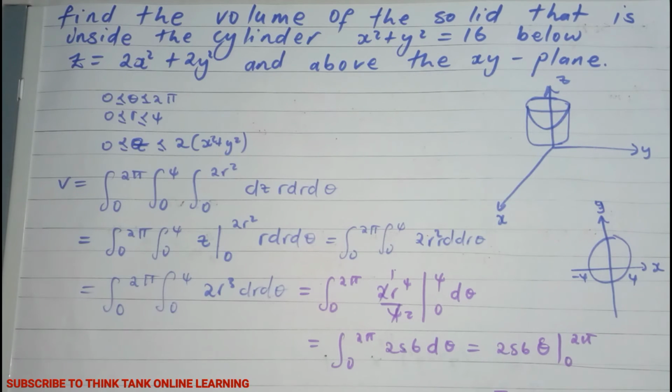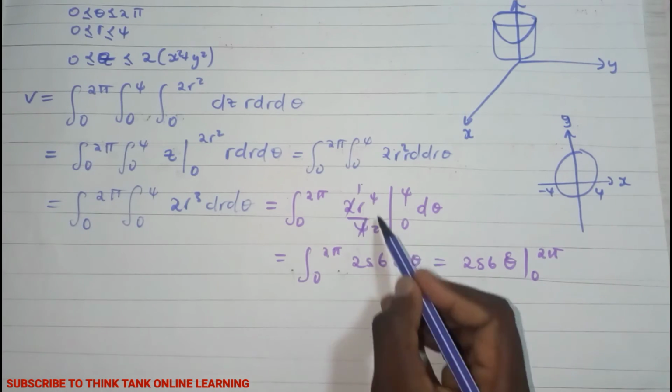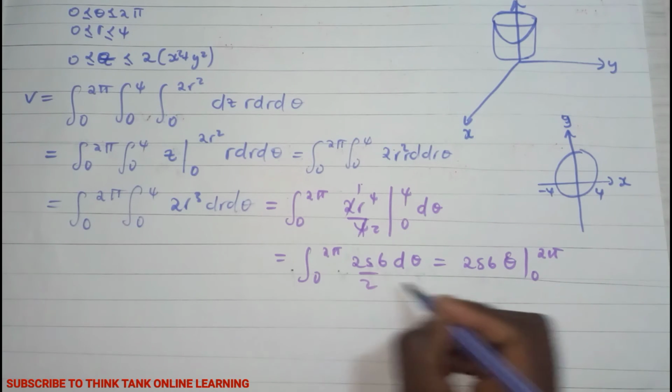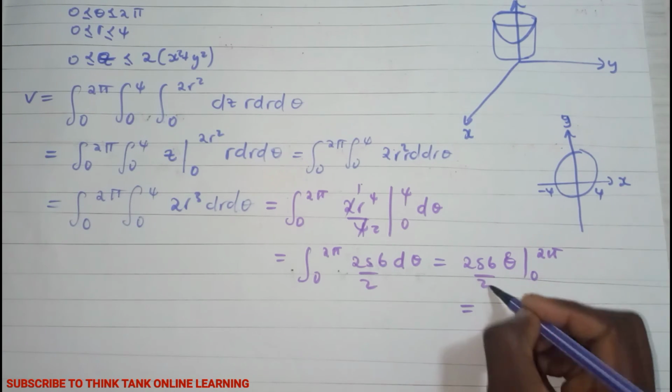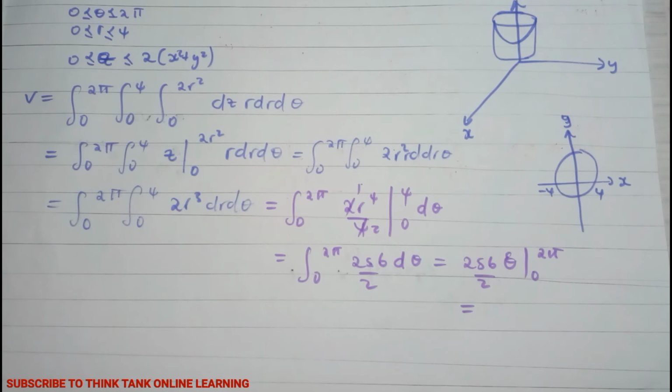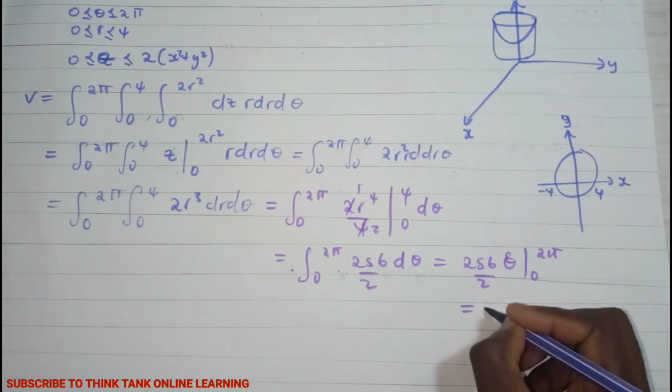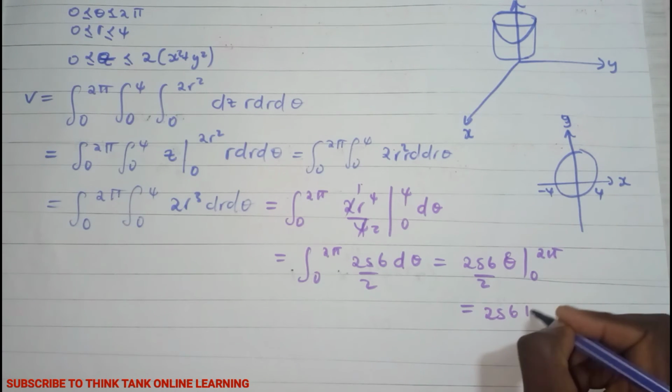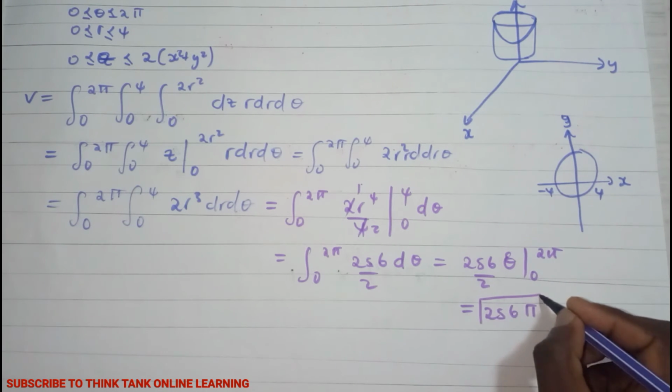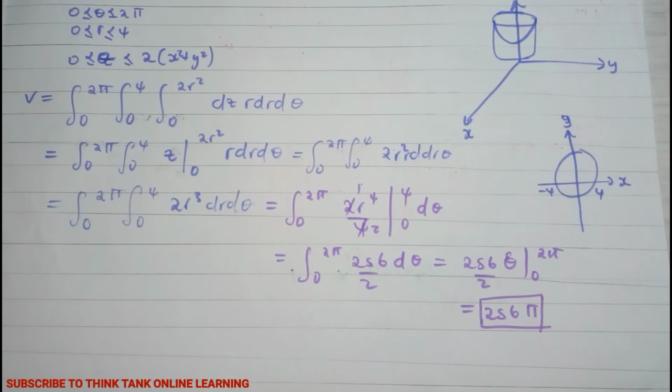But here we have 2, so I should have divided 256 by 2, and I'm going to multiply that answer by 2, and I'm going to have 256 pi. That is going to be our answer. Now this problem looks like a very hard problem, but with cylindrical coordinates, everything becomes easy. My next problem is going to be on spherical coordinates.